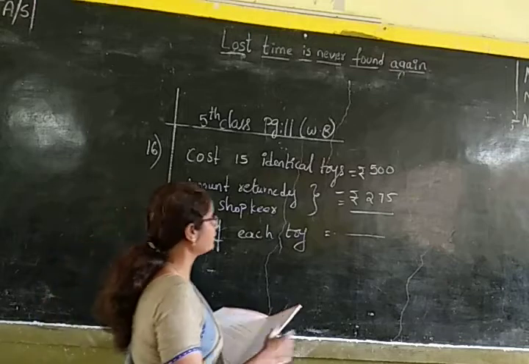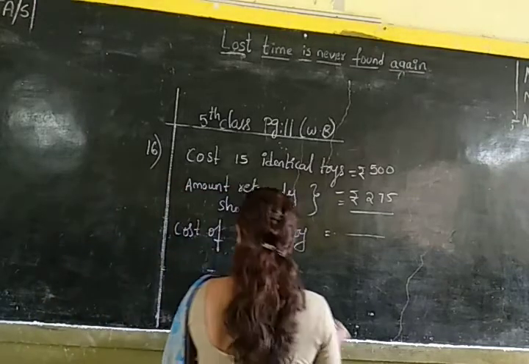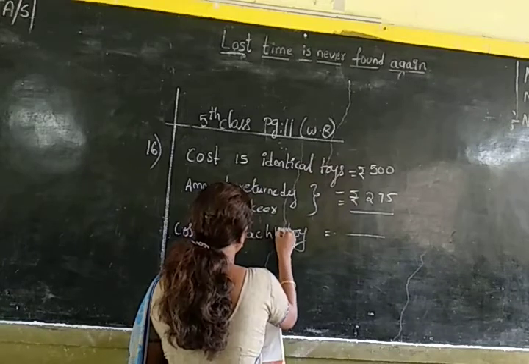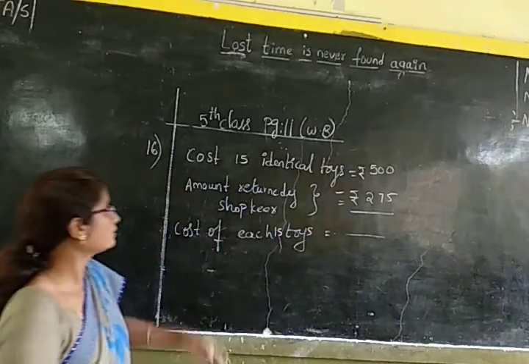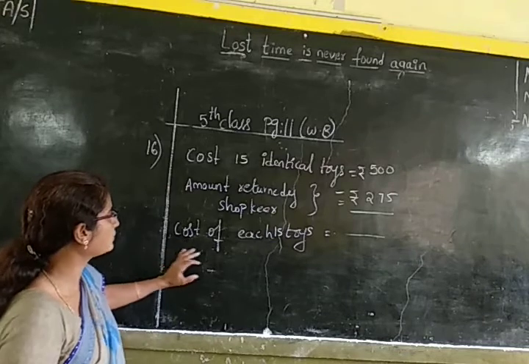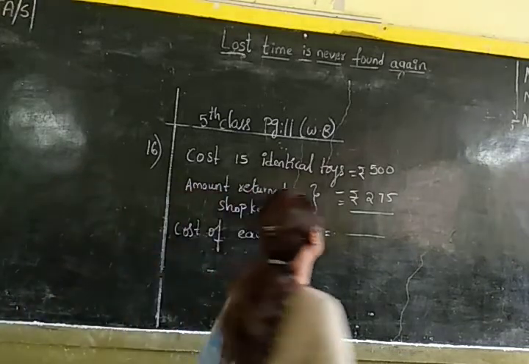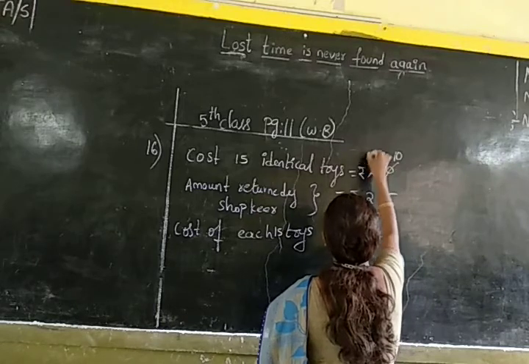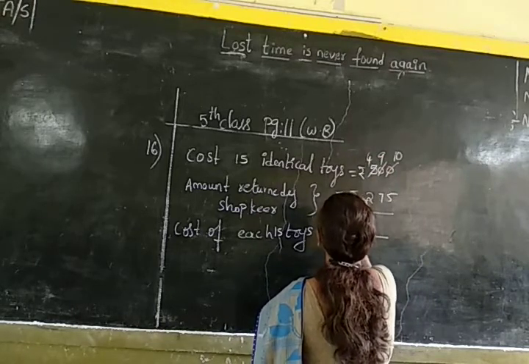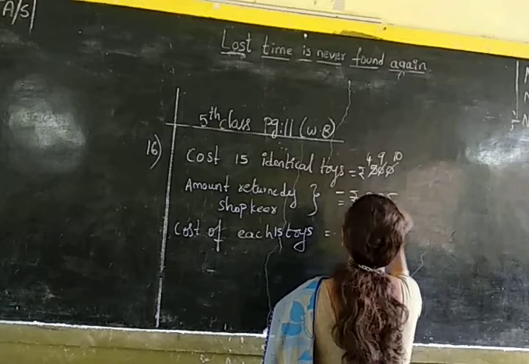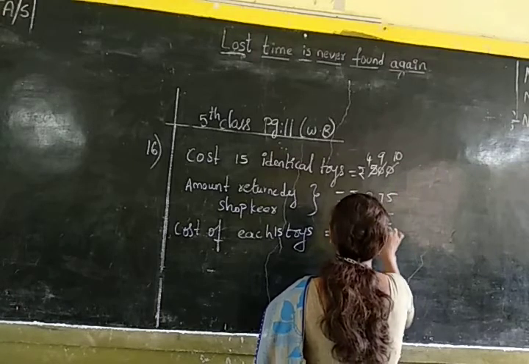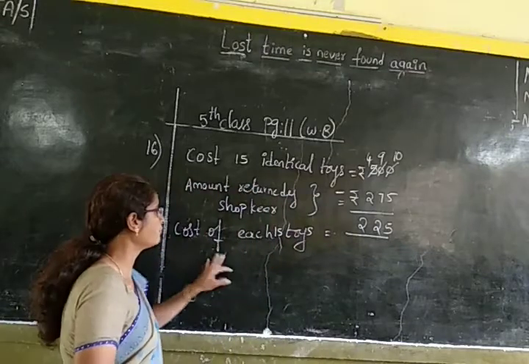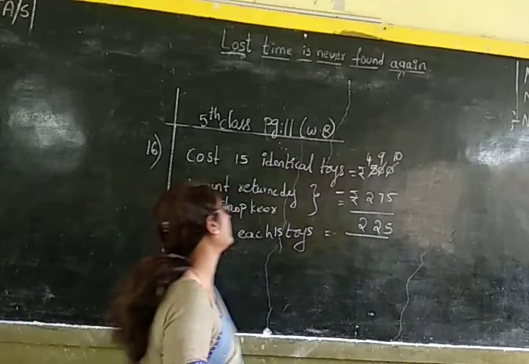For finding the cost of each toy, first we have to find the cost of 15 toys. For that you have to do the subtraction. 10 minus 5 is 5, 9 minus 2 is 7, 4 minus 2 is 2. So the cost of 15 toys is 225.